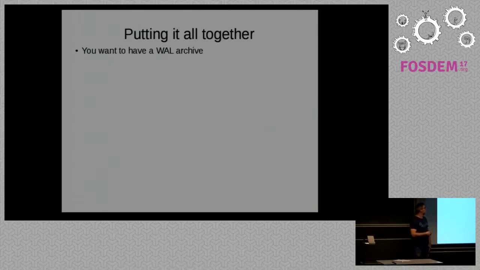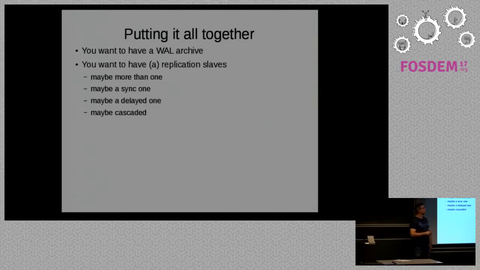So, then let's combine it. You want a WAL archive. You want a replication server. Right? Maybe you want more than one replication server. Maybe you want to have one of them or n of them sync. Maybe you want to have a replicated server that is delayed by 30 minutes or maybe even a day or whatever. Maybe you even want to be cascading, like have a sync slave in the same data center and have 2 more slaves in the other one.